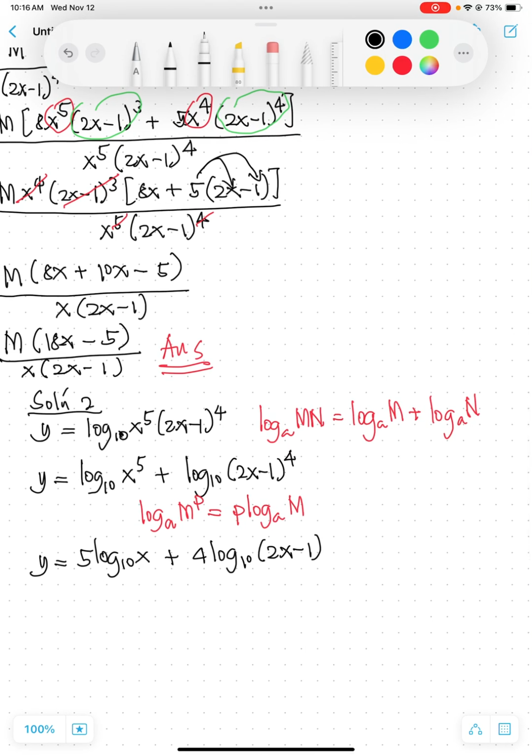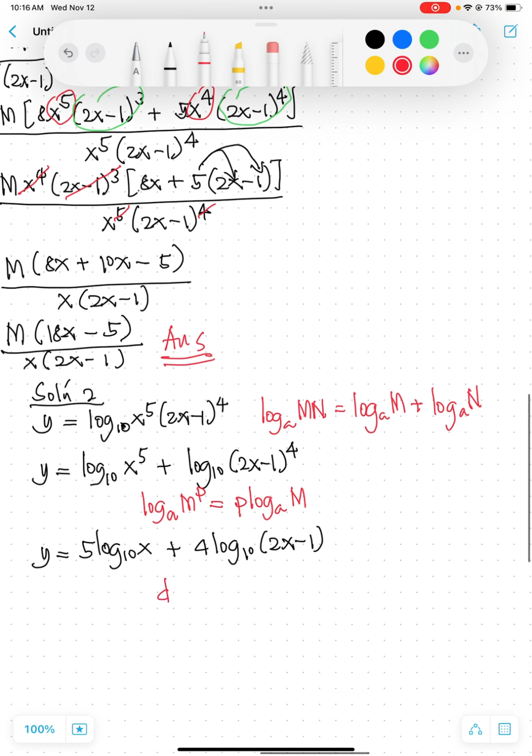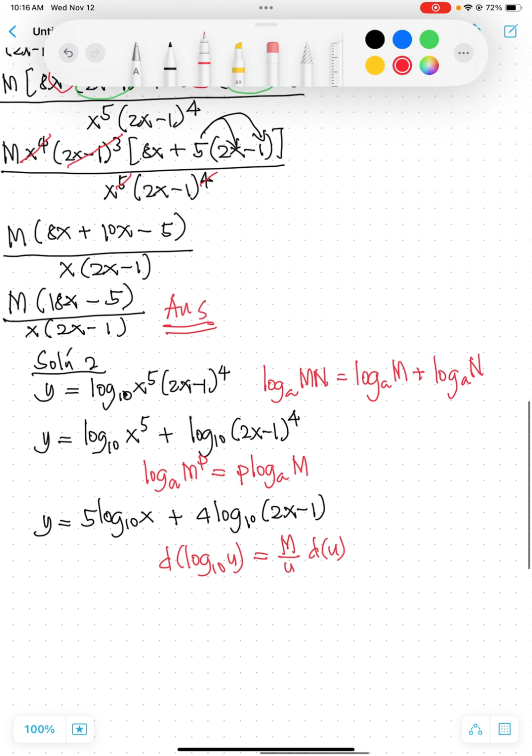So the rule is, derivative of log to the base 10 of u equals m over u and then times derivative of u.